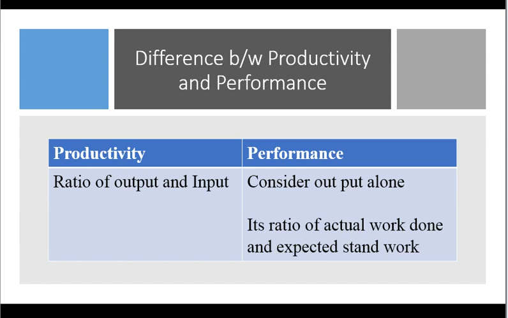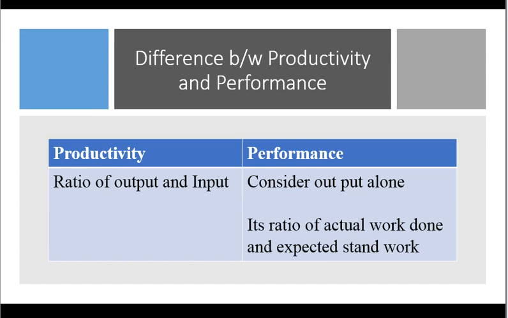Like if you expect one worker to stitch 50 shirts today, that is the expected outcome, but actually he stitches only 40 shirts today.